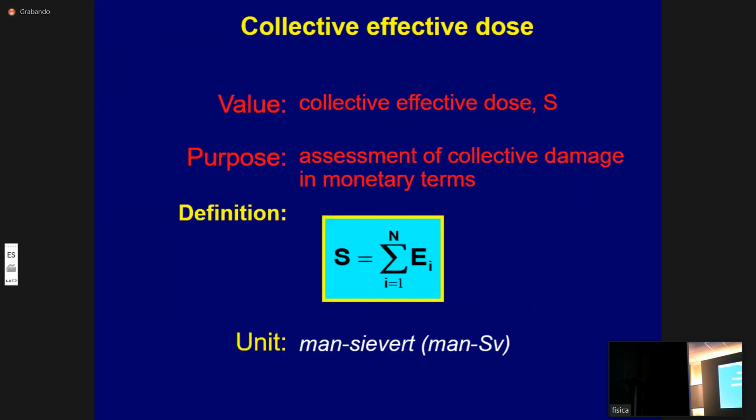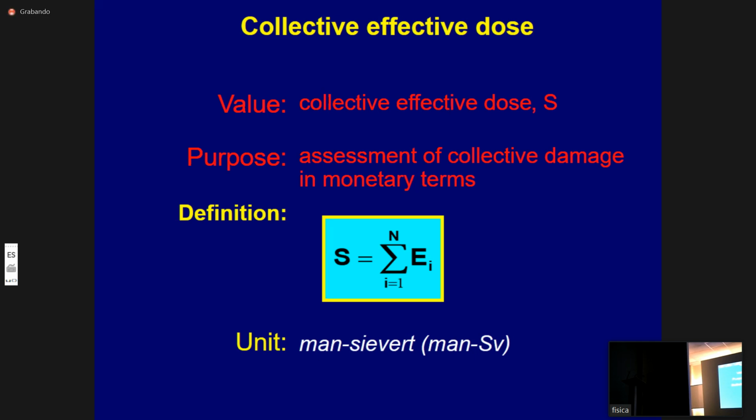A special quantity intended in the field of exposure of groups to assess the effectiveness of radiological protection is the collective effective dose S, which for a team of n people is equal to the sum of the individual effective doses of exposure of members of the team, E1, E2, up to En.